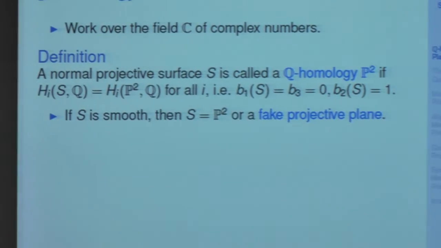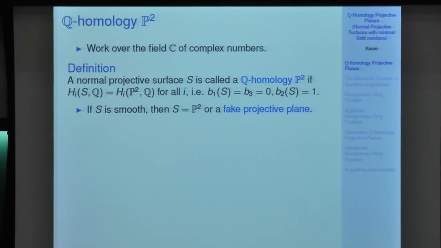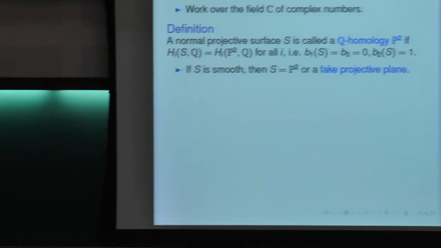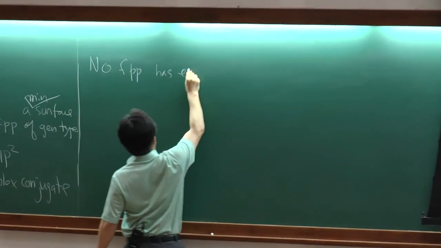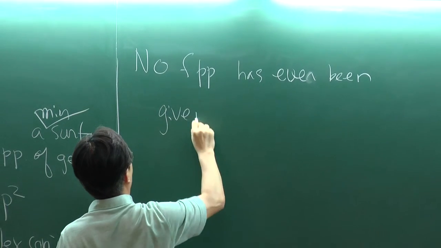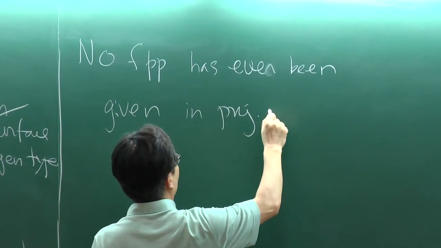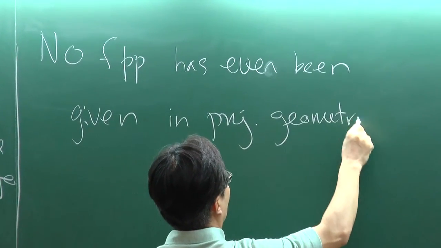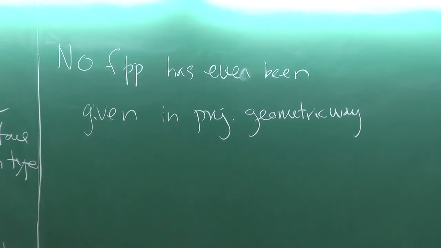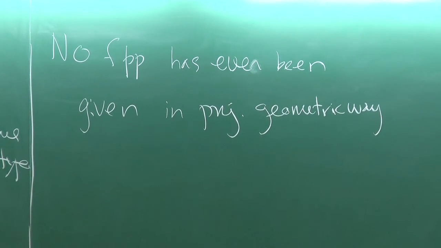Okay, we have a rather satisfactory classification of fundamental groups of fake projective planes, but we still do not know any single example in a projective geometric way: the defining equation or whatever, or I mean, a quotient of a known surface or a covering of a known surface.